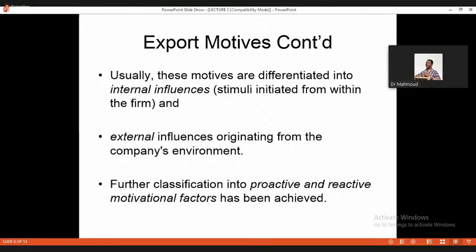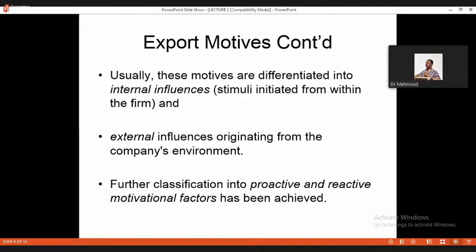Now, these motives are usually differentiated into what we call internal influences and external influences as well. Why we go out: there are some that are internal, and when we say internal, they are within the firm.